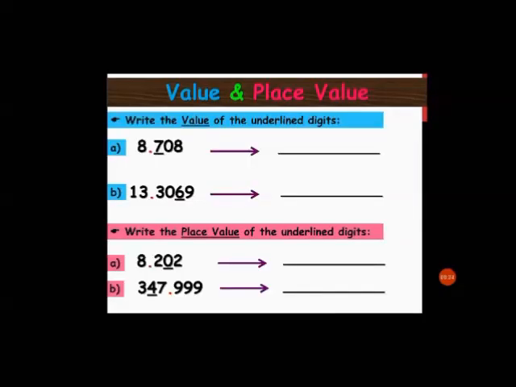Write the value of the underlined digits. 8.708, and the digit underlined here is 7, so I have to find the value of 7. Finding the value is expressing the value in terms of numbers, not in terms of letters. So when I ask you to find the value, you have to think about the digits, about the numbers.